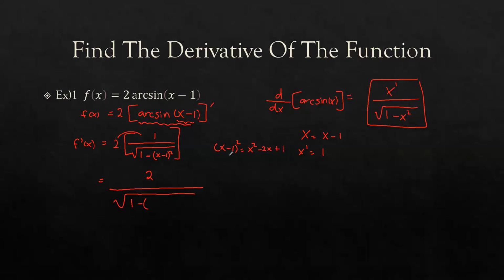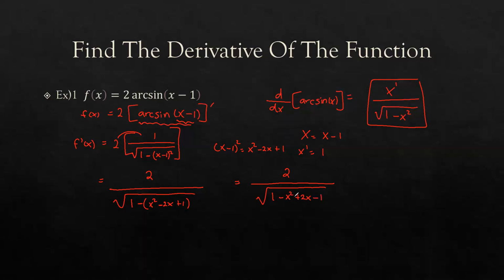That's something you should know. Okay, and do you see this minus? Just distribute it. It's 1 minus x squared plus 2x minus 1.